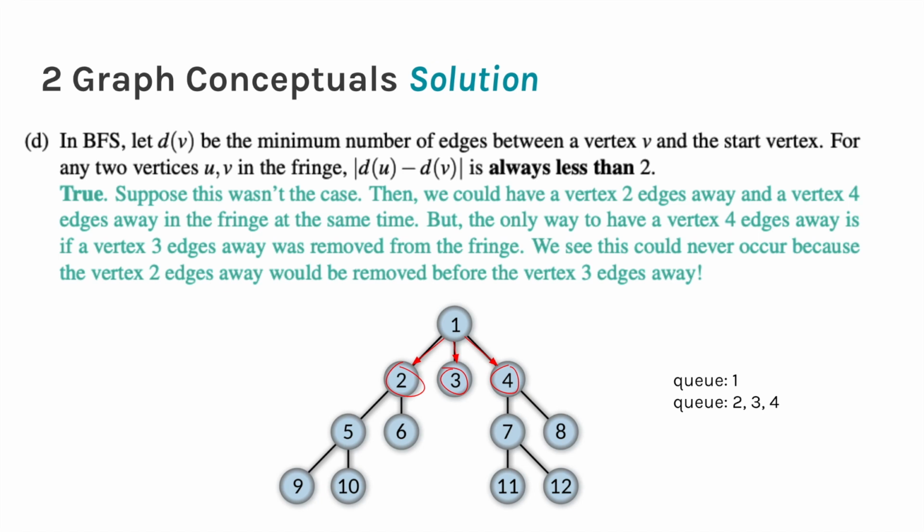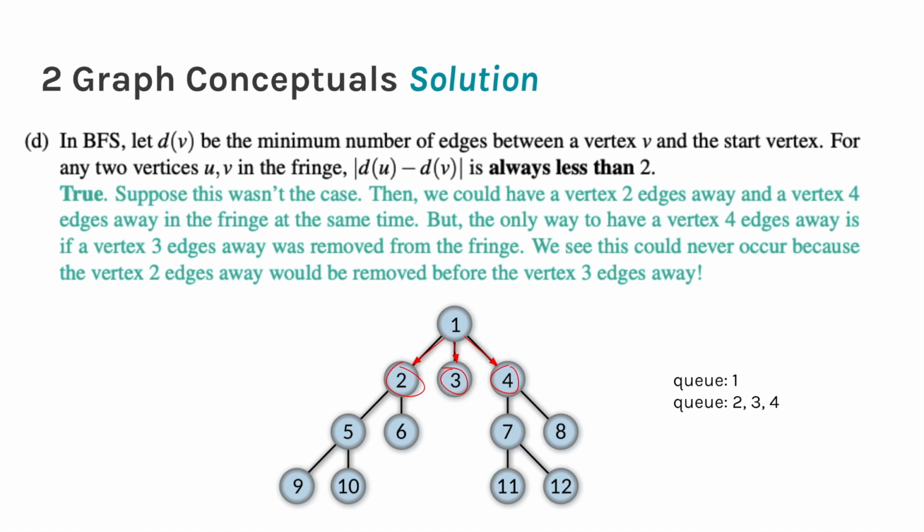With BFS, we always try to find all nodes one distance away from the start vertex. Then we find all vertices 2 distances away, 3 distances away, etc. So our fringe is going to contain values that are all 1 distance away, and then it might also contain some values that are 2 distances away.